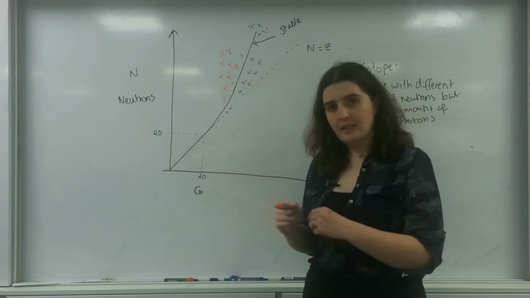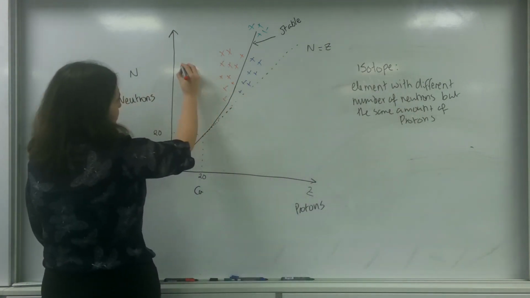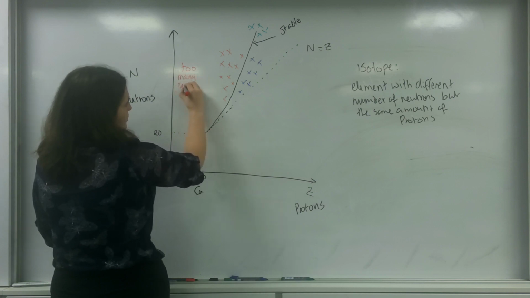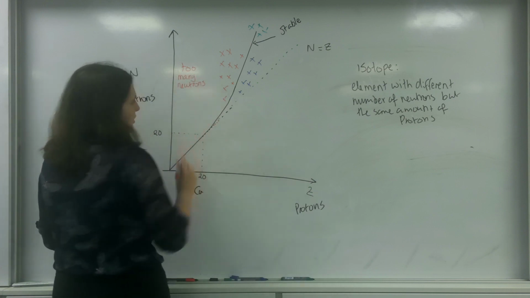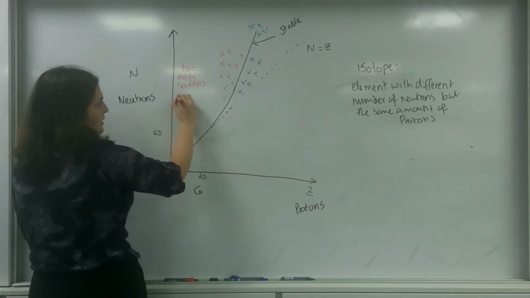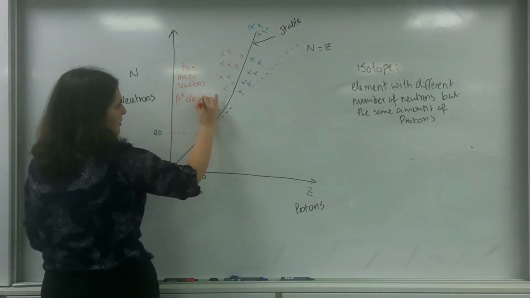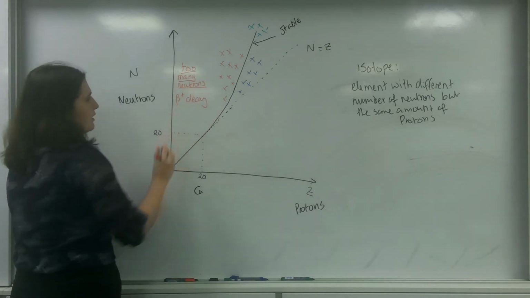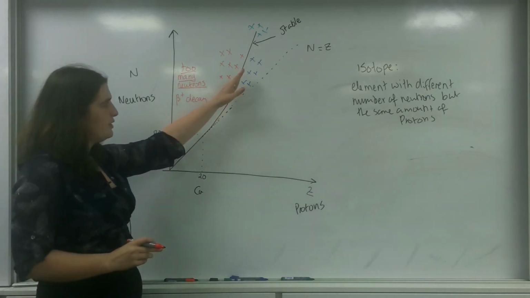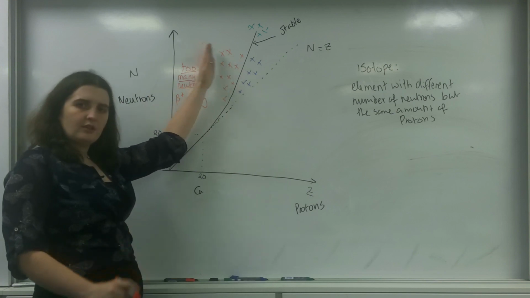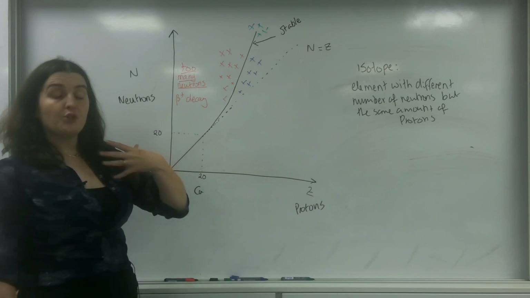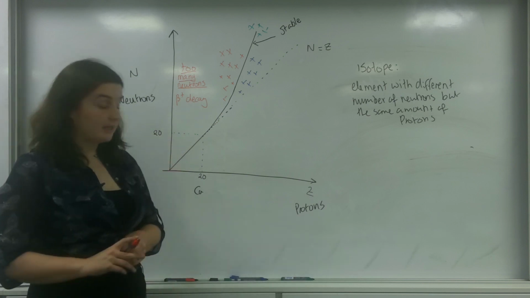This is where we've got too many neutrons. Okay, so it's too many neutrons on this side. So anything with an isotope on this side of the line, where it has too many neutrons, will decay by beta minus decay.